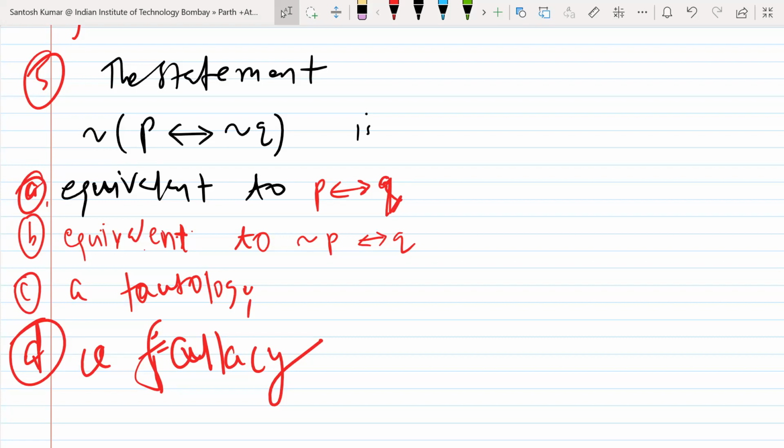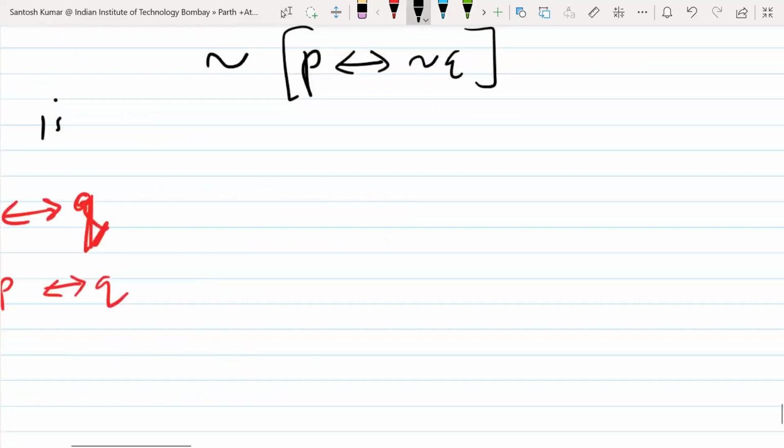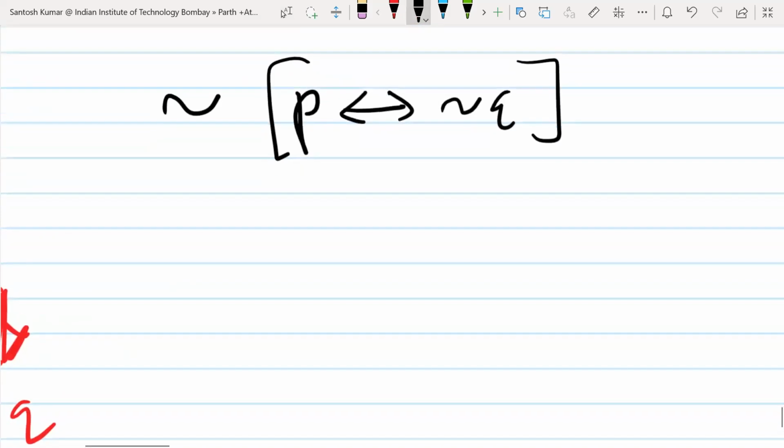So for the hint, let me write negation of P if and only if negation Q. So this is equivalent to negation kept outside.